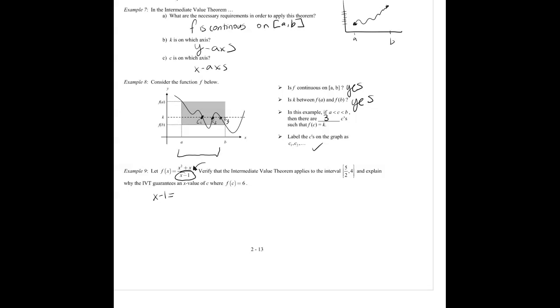So I know that x minus 1 could be equal to 0, so x has to equal 1 in order for that to be 0, which is a bad day. That's the number I want to avoid, so I do not want x to equal 1. Because it's in a denominator, there would actually be a vertical asymptote there.